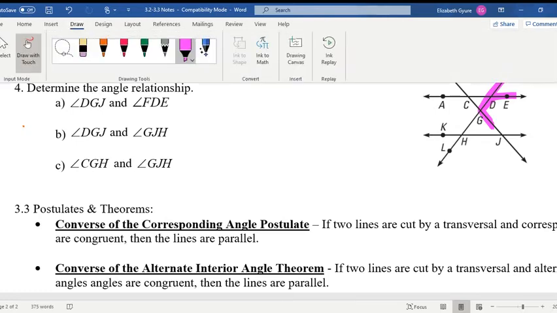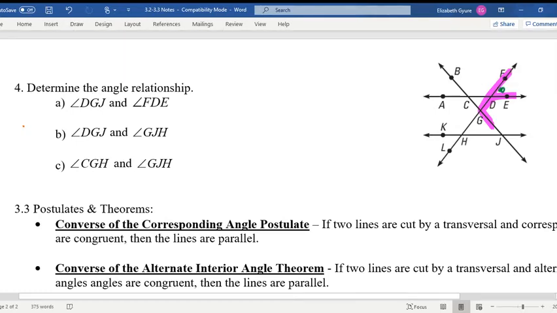I highlighted them. So this angle and this angle. It makes it a lot easier once you highlight it and you look at it, because if we're just looking at those, does any of that information on the left-hand side even matter? No. So now look at these two angles.